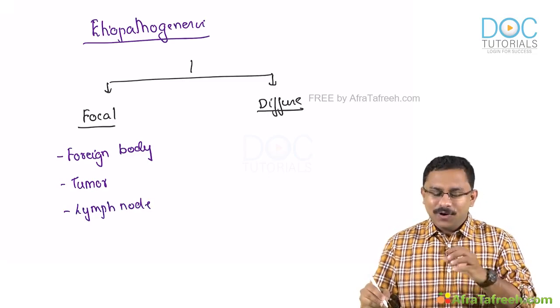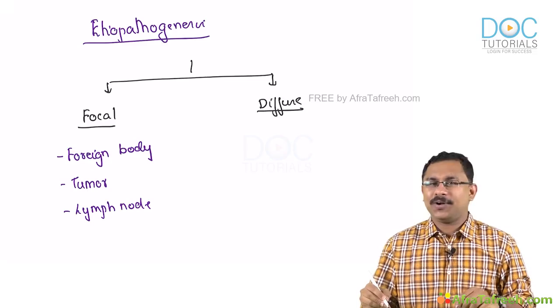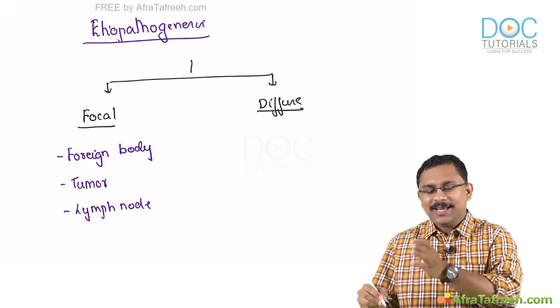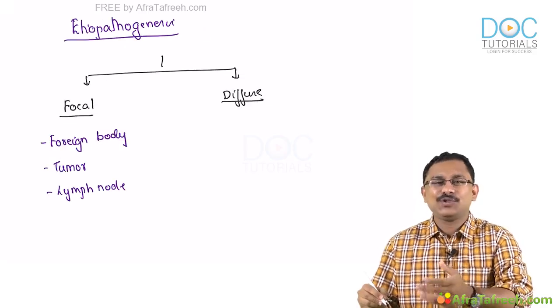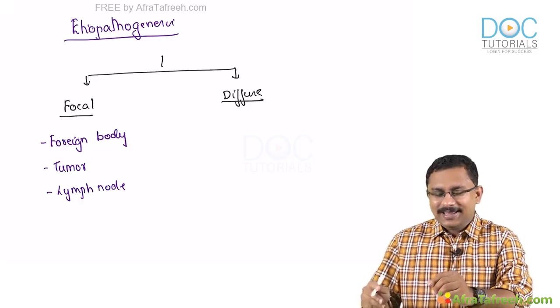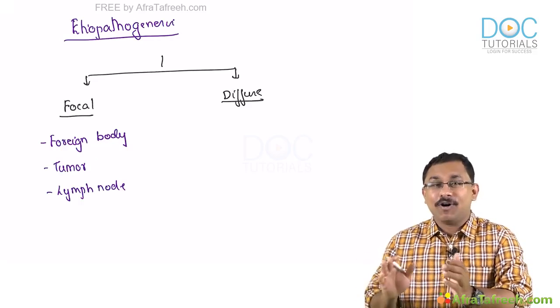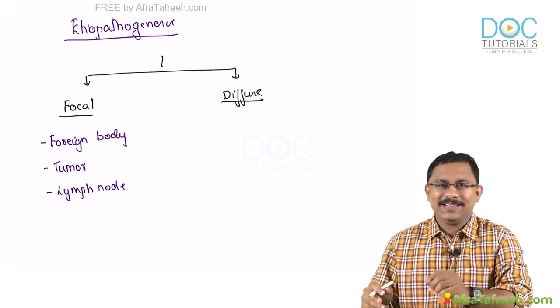All this will cause a focal bronchiectasis. On the other hand, diffuse bronchiectasis is often due to systemic conditions.